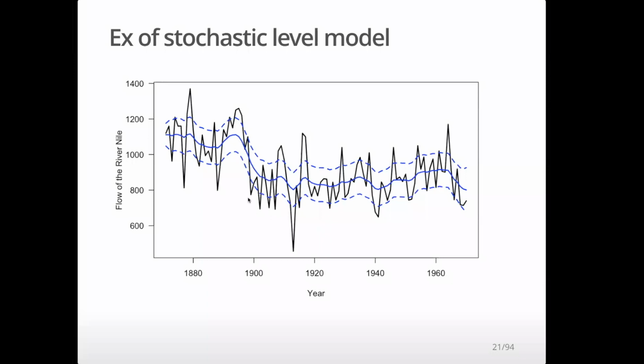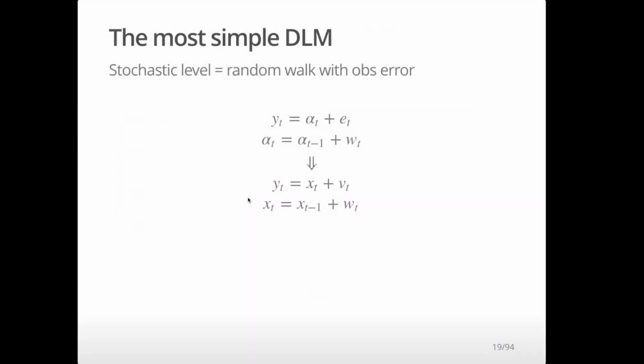Okay, so that's a really simple DLM. In fact, the most simple DLM. So just backing up here for a moment, we'd call this model a random walk observed with error. Economists would refer to this as a stochastic level model. So if you ever hear that stochastic level model, you should know exactly what that is. You're like, oh, that's just a random walk with a fancy name on it.